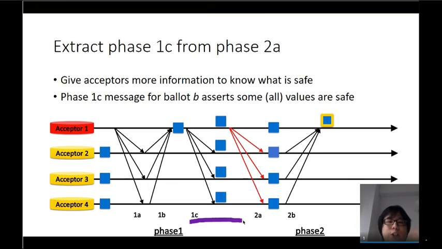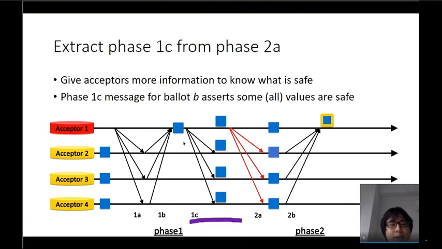One is to assert that a value is safe for this ballot, and two is to instruct the acceptors to vote for that value. So let's divide these two functions. Let's use phase 1C to assert some value is safe for that ballot, and phase 2A to instruct the other acceptors to vote for that value.